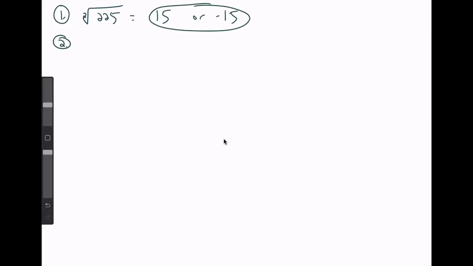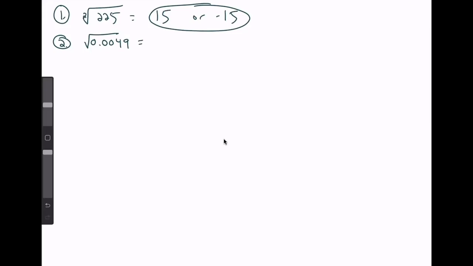Number 2. It's asking me to find the square root of 0.0049. So you put this in your graphing calculator.